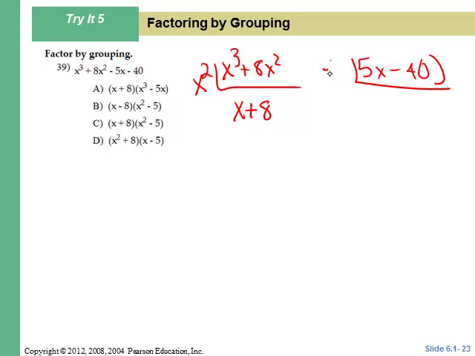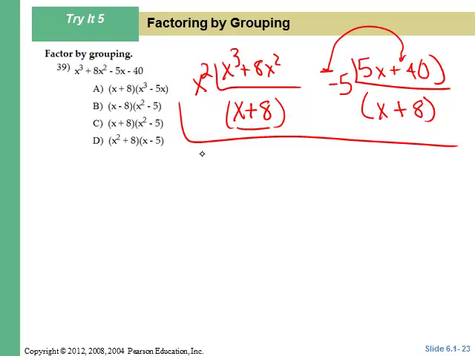Now I'm going to factor this negative sign out, so that changes this to a positive sign: minus 5 times (x plus 8). Notice now I'm left with my x plus 8 in both cases. So x plus 8 out front, and I'm left with x squared minus 5.